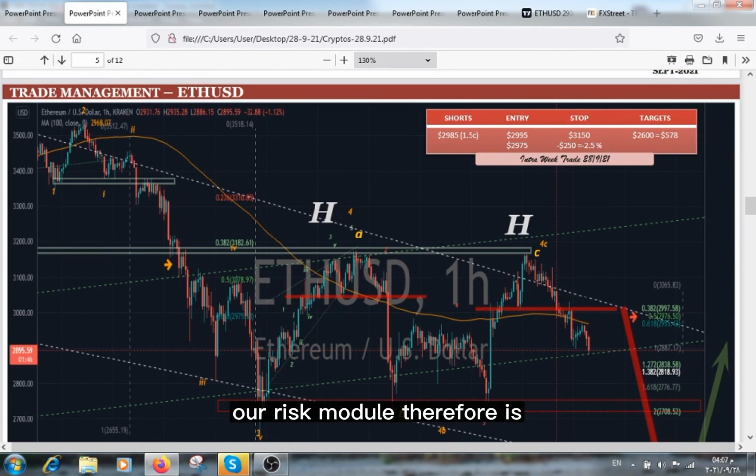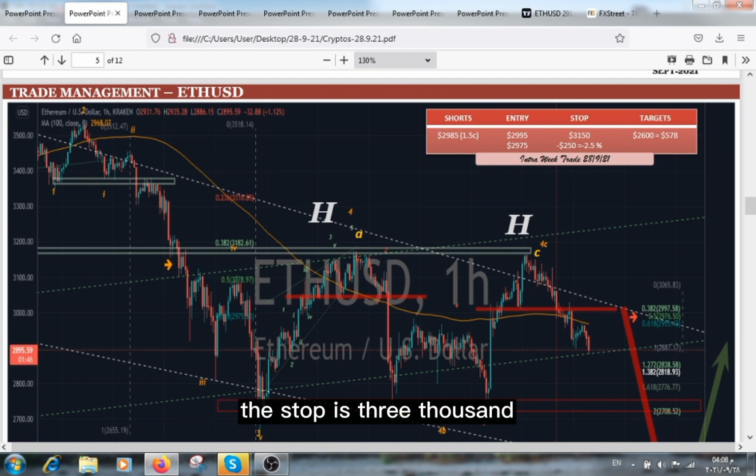Our risk module, therefore, is to sell as close as 2,995, 2,975, these levels here. 50% is 2,976. All right, so that 50% is from the market low all the way to level 2. Level 2 is, I think, close to that spike, I believe. Doesn't look like it, but should be either this level or maybe one of these levels. We'll take a look when we go live.